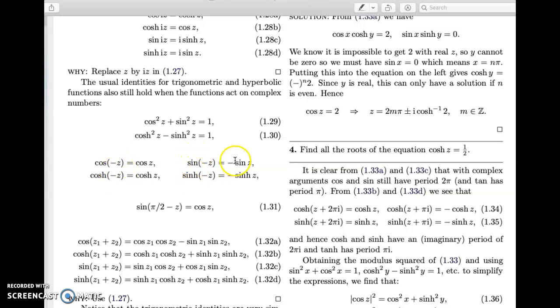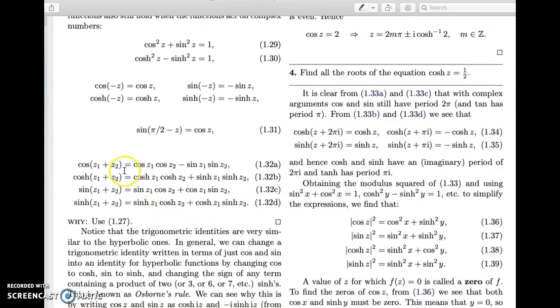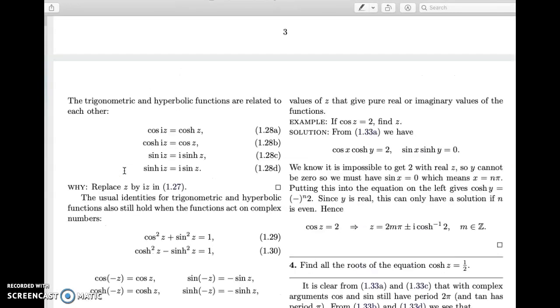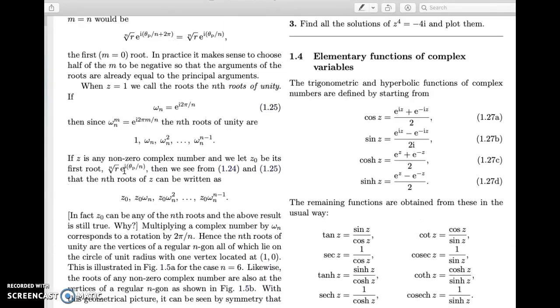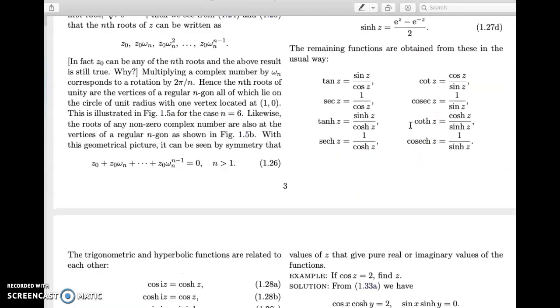Similarly, sine and sinh are both odd functions. This result here still works for any z. And also the sum formulae work. To prove all of these is a bit tedious, but you can actually just use the definition again to check they all work.